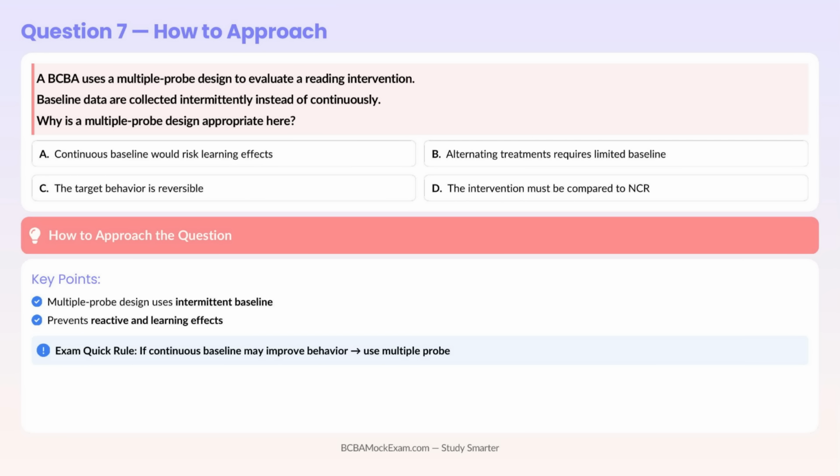Using intermittent probes avoids unnecessary repetition and reduces reactive or learning effects, while still allowing the BCBA to check progress. Alternating treatments and NCR comparisons have nothing to do with this baseline strategy, and reversibility is not the core issue here. Whenever continuous baseline might itself cause improvement, a multiple probe design is a good choice.